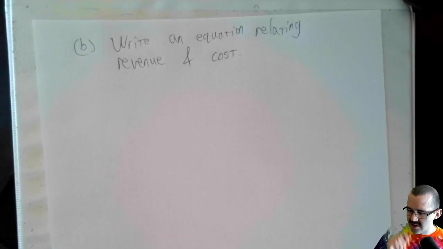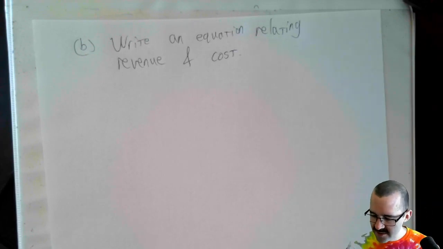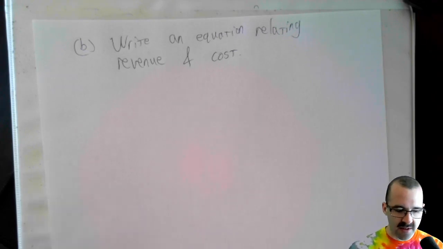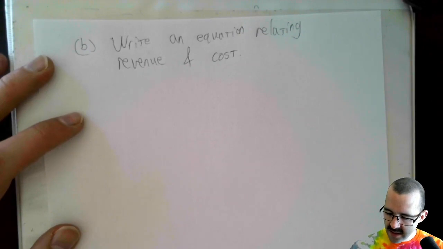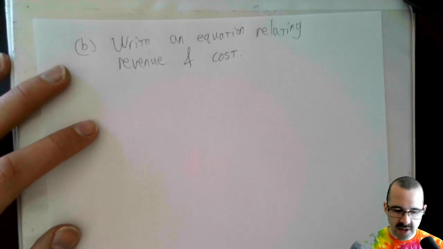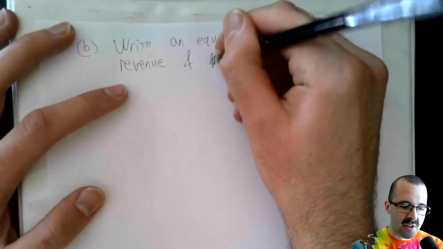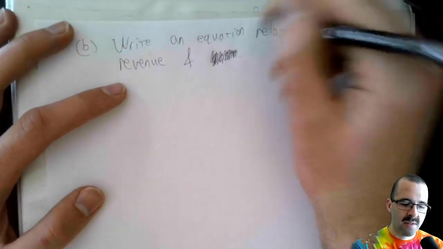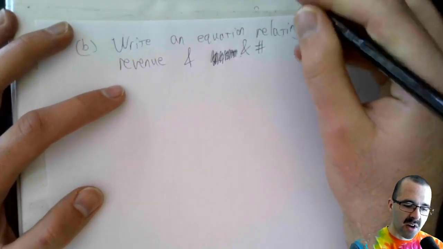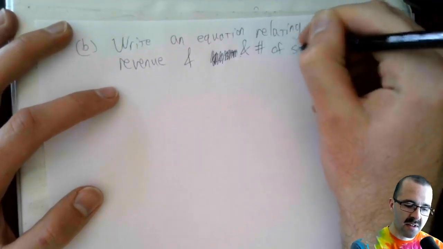So the revenue is just going to be profit minus cost. I don't think this is what I was trying to ask, though. Maybe we should change it to revenue and number of subscribers.